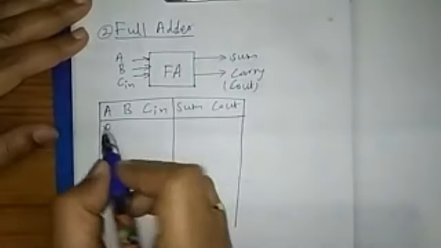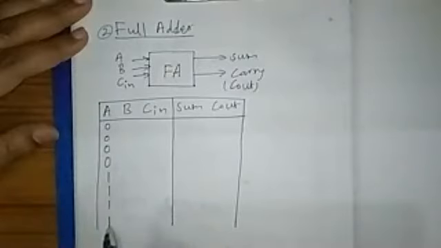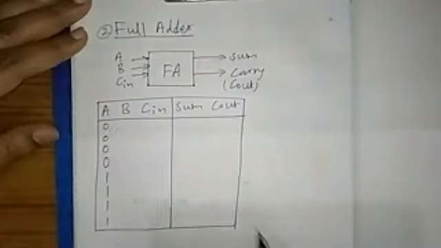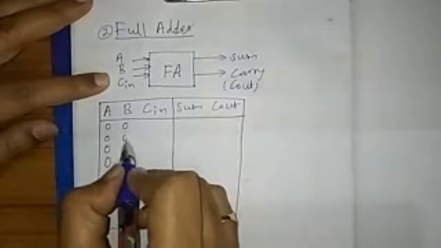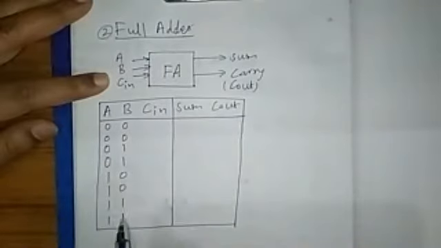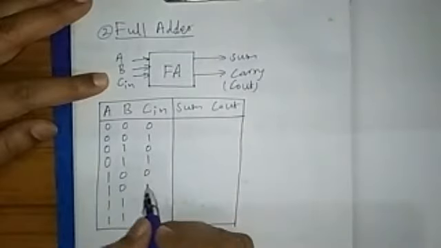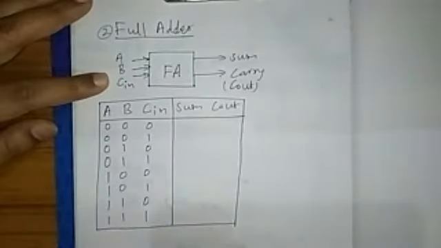I can take it as 4 zeros and 4 ones. Then after that, 2 zeros, 2 ones, 2 zeros, 2 ones. After that, 0 1, 0 1, 0 1, and 0 1.